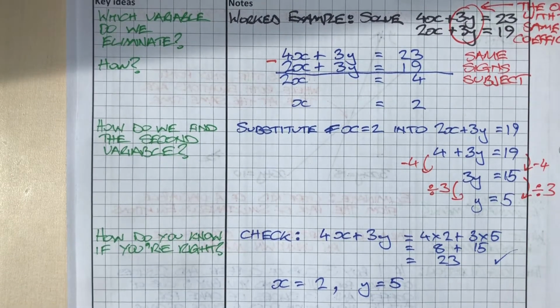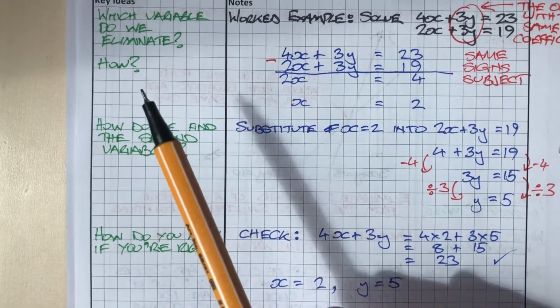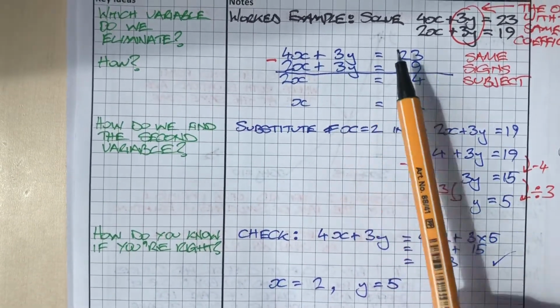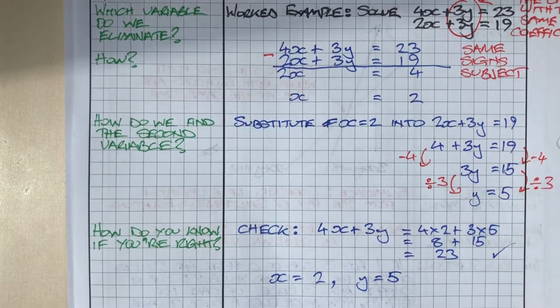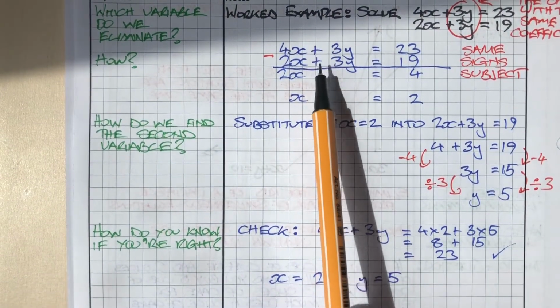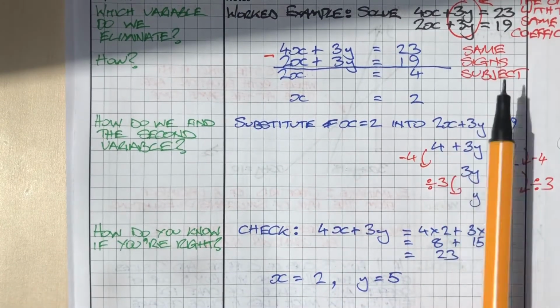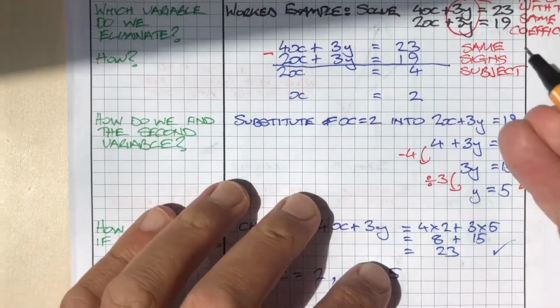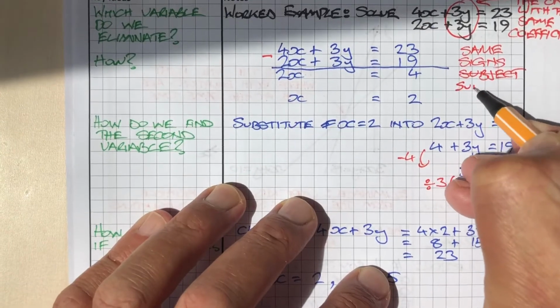All right. So what am I doing? I'm eliminating one variable, the variable that has the same coefficient in both equations. How? Well, I spot that it's got the same sign, and so if I subtract.